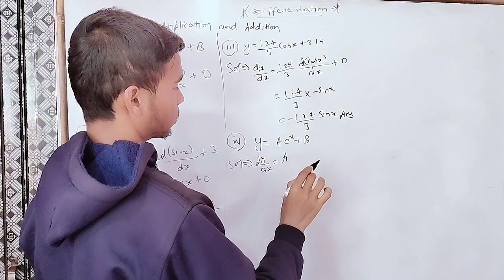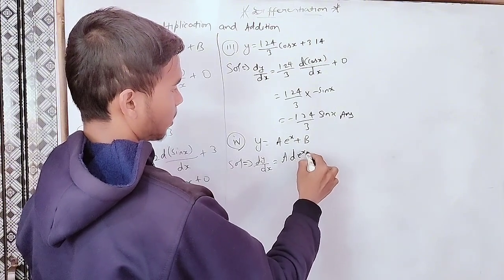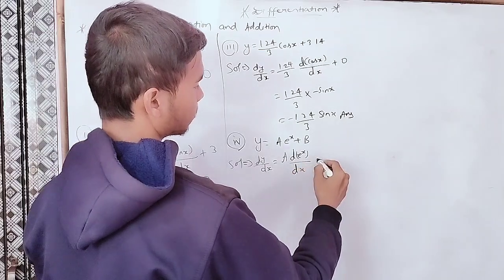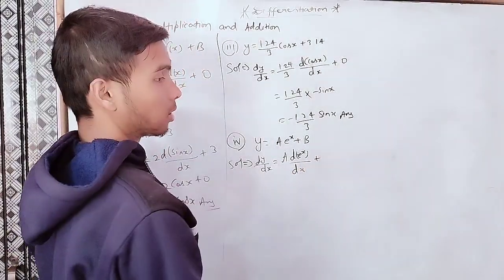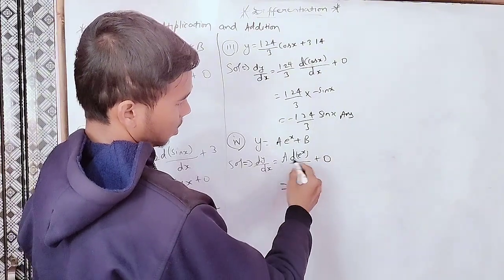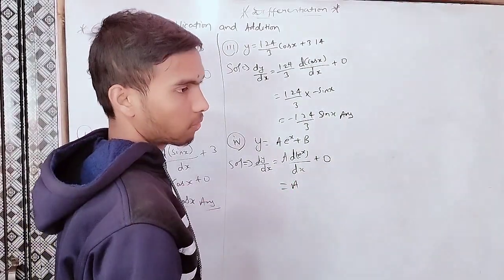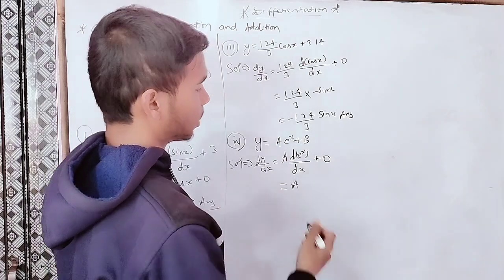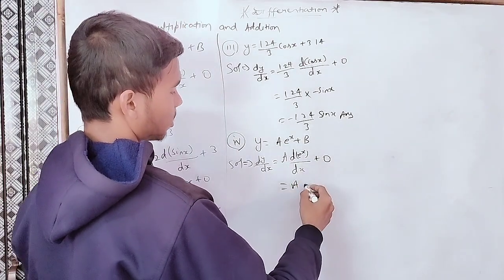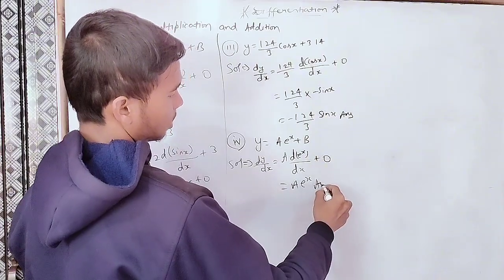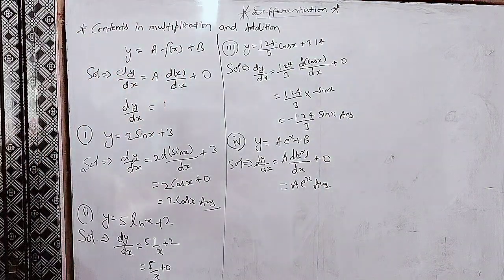A will remain the same, and the differentiation of b is 0. Now a and the differentiation of e raised to the power x is what? Same. It won't change. That's it.